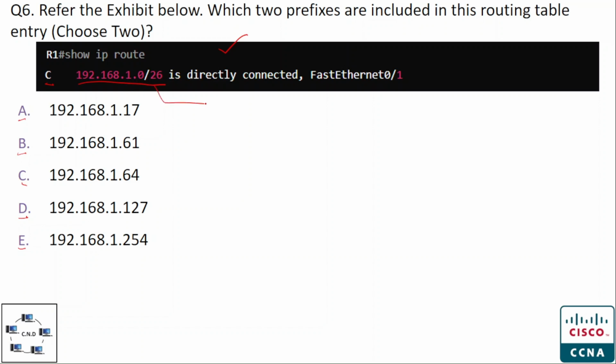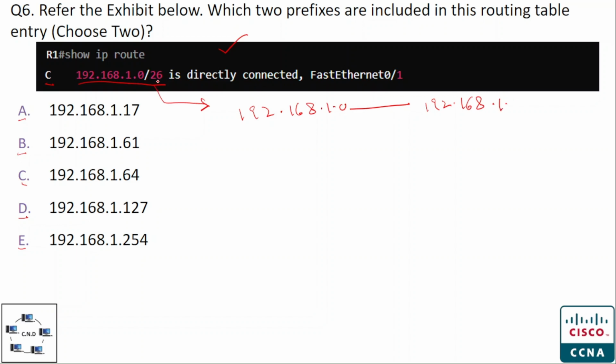So here, if you analyze this entry and expand it, the entry shows the network range from 0 to 192.168.1.x.